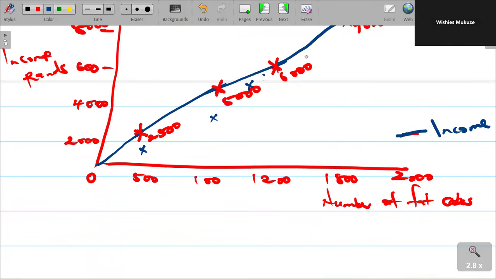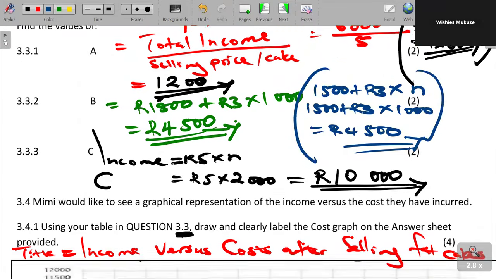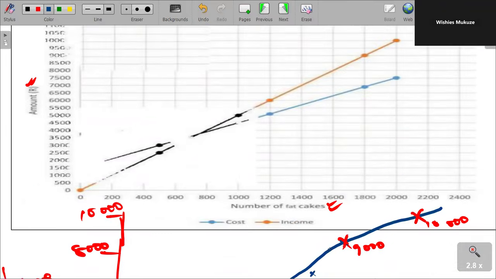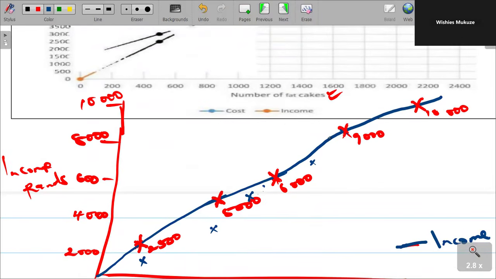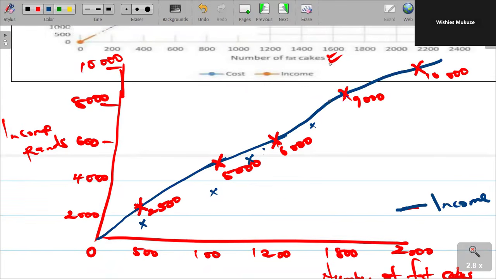And then we have got 6.9, we have got 7.5.